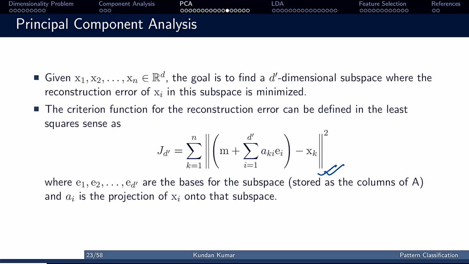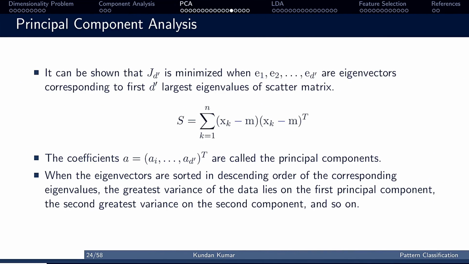That means the magnitude of each eigenvector is unity and each pair of eigenvectors is orthogonal, and ai is the projection of xi into that subspace. The scatter matrix of the set of feature vectors is defined by this expression, which is related to the covariance of the feature vectors.